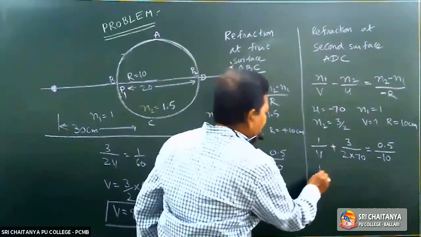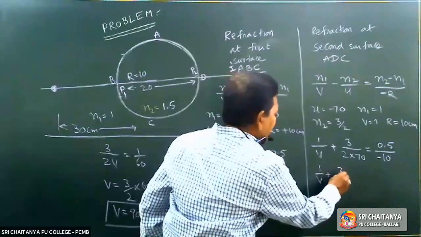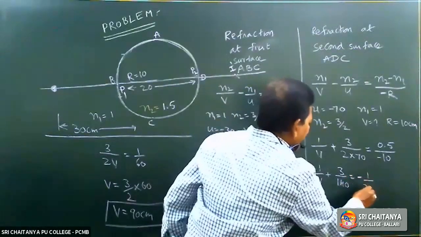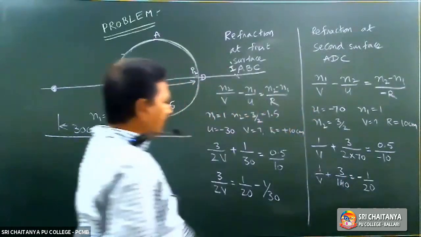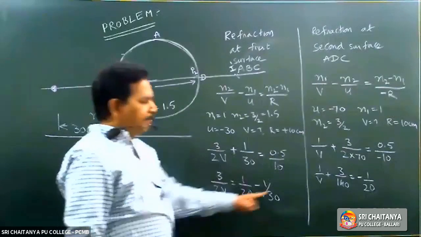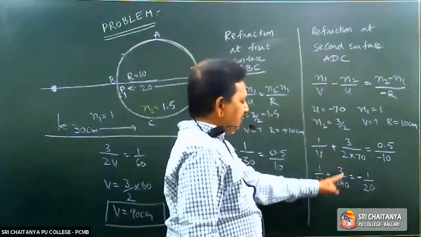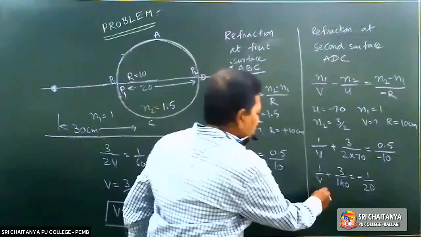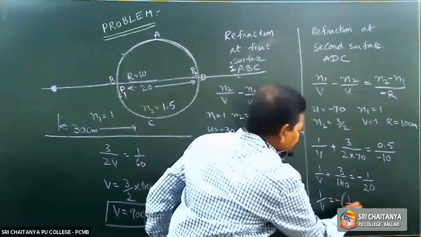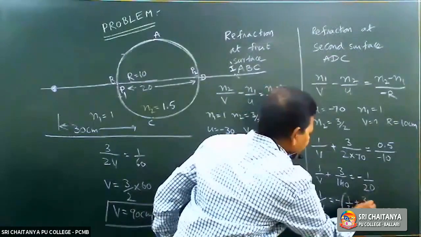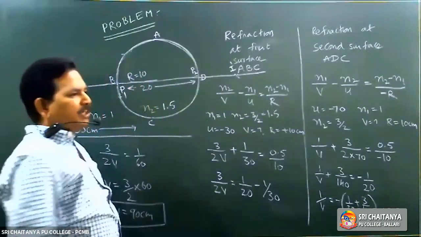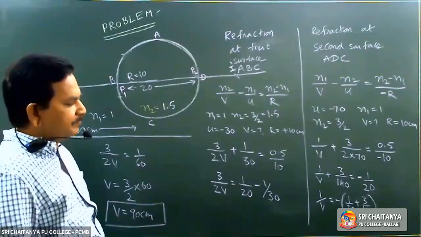So 1 by V plus 3 by 140 is equal to minus 1 by 20, because already calculated 0.5 by 10 is 1 by 20. Bring the 3 by 140 onto that side. So 1 by V is equal to minus of 1 by 20 plus 3 by 140, because both are minus, I took minus common.